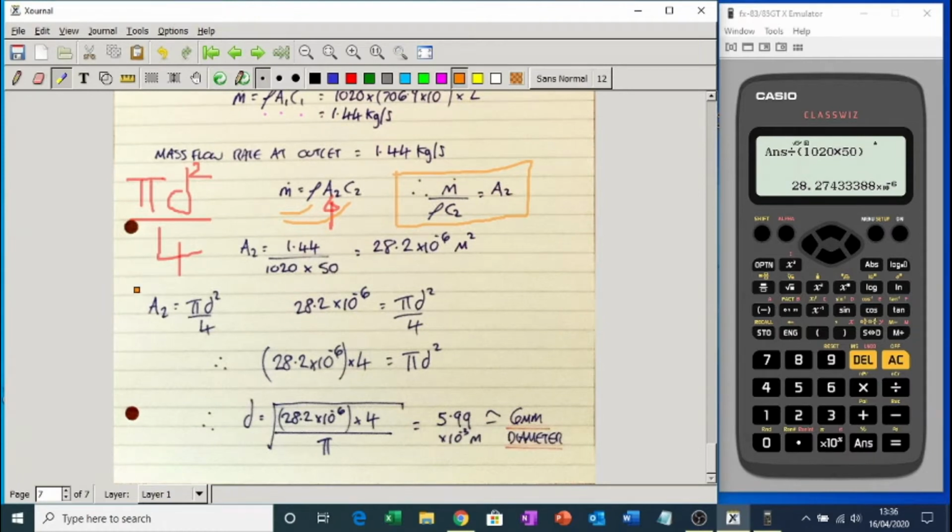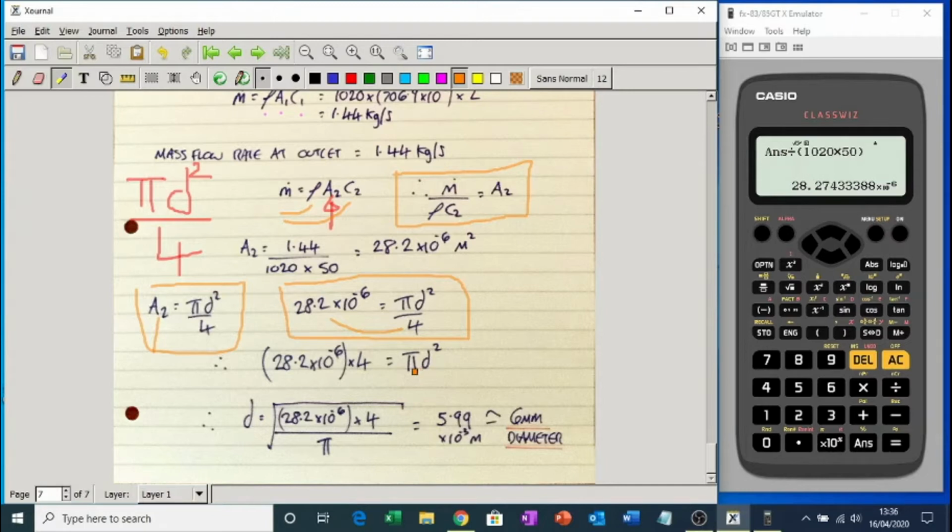So I know the area is pi d squared over 4. And I know the area is this. So all of this has got to equal pi d squared over 4. The first thing I'm going to do is bring the 4 up here. So 28.2 times 10 to the minus 6 times by 4 equals pi d squared.